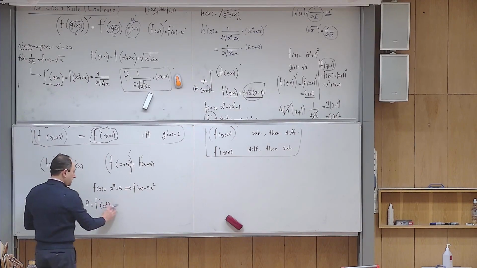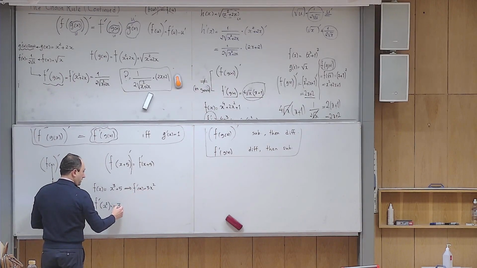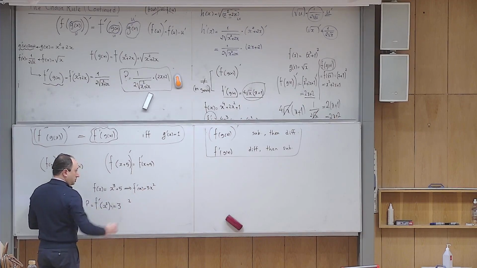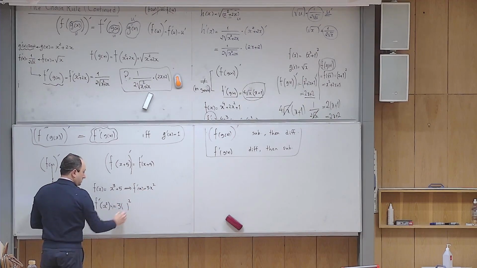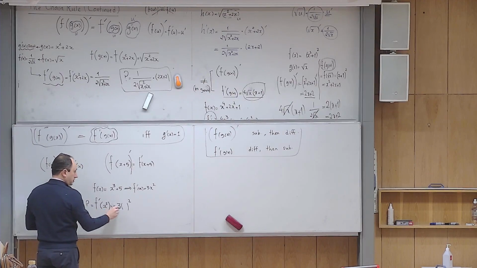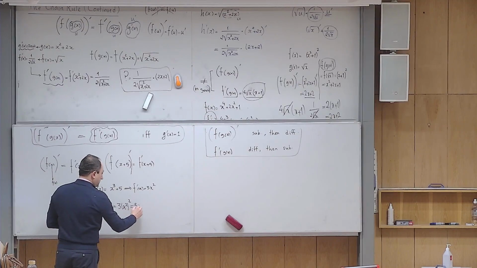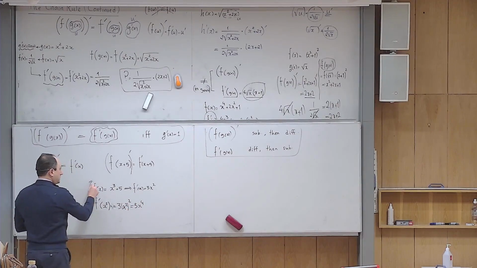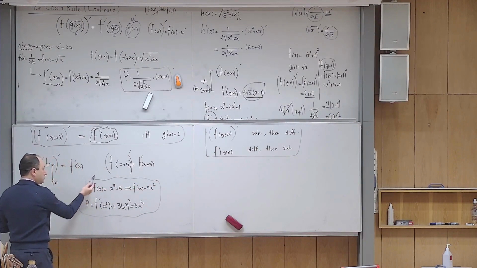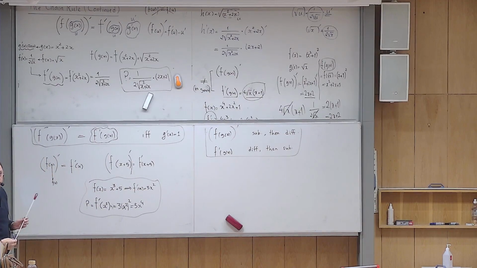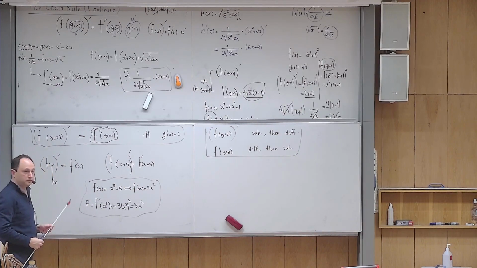So I write 3, I have a power of 2, but instead of this x, I put this function in, so this becomes x squared. And the answer becomes 3x to the power of 4. This is a very simple example, but I really want you to understand what is going on, because this is very important to know.